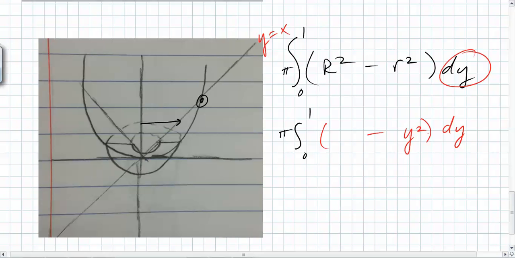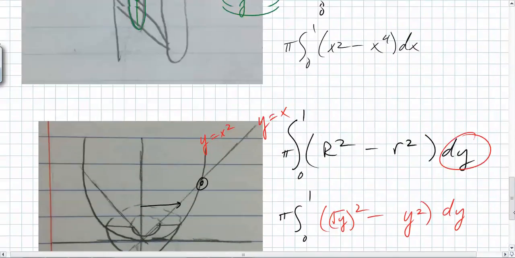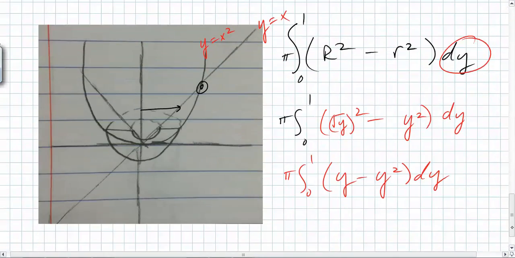And then the outer function, y equals x squared, but you need x equals the square root of y, so it's the square root of y squared. So you end up integrating 0 to 1 of y minus y squared dy. Theoretically, do you come up with the same thing? Sure, you will actually come up with the same thing. Okay.